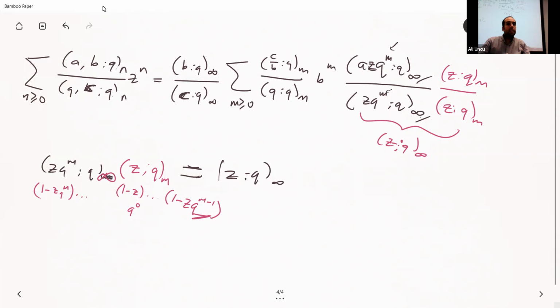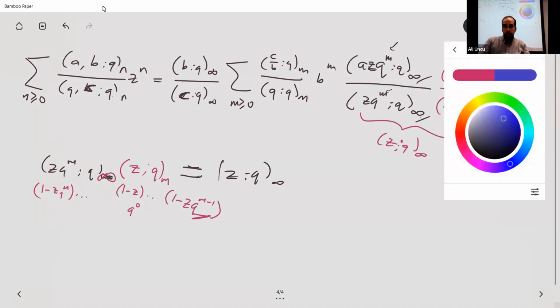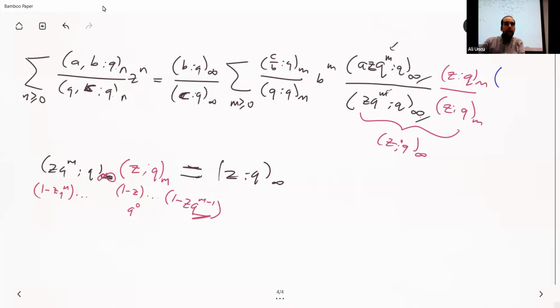So now I can take this bottom denominator product outside, and I can do the same thing on the top too, right? For the top, the factor again goes all the way to q^m. So I would need to have this (az;q)_m, because with that, these two combined would give me (az;q)_∞. It doesn't depend on m. I can take it out of my sum.